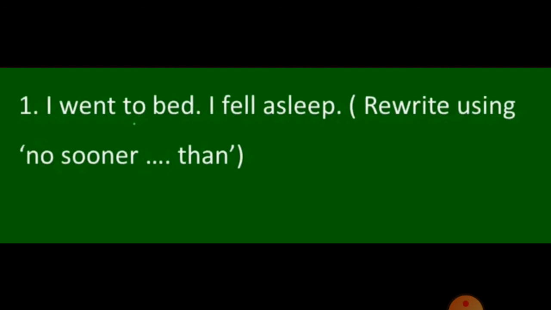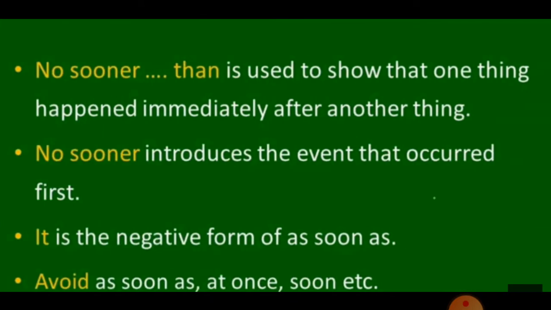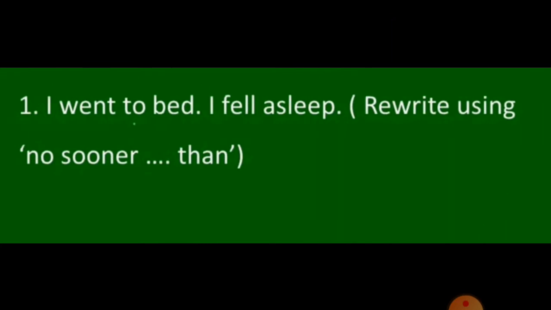Now as I told you, no sooner introduces the event that occurred first, and the first rule, no sooner than, is used to show that one thing happened immediately after the other thing. So what happened? I went to bed, that was the first thing. Immediately after that, what was the second event? That I fell asleep.